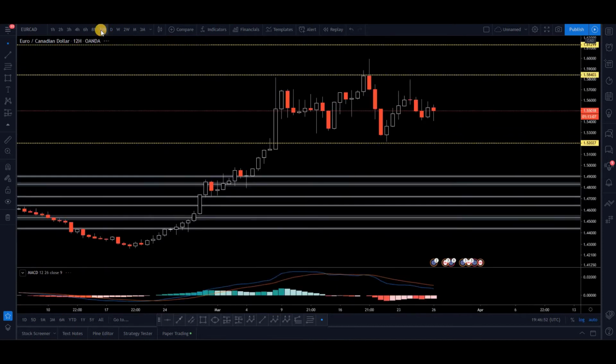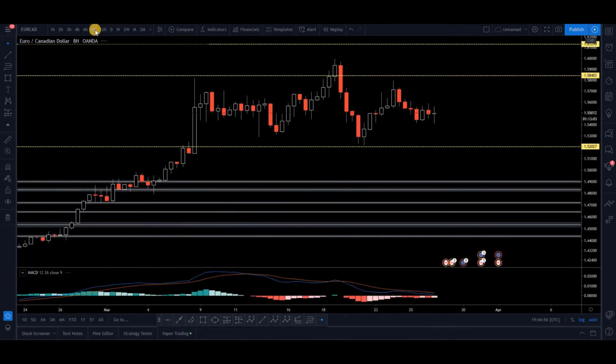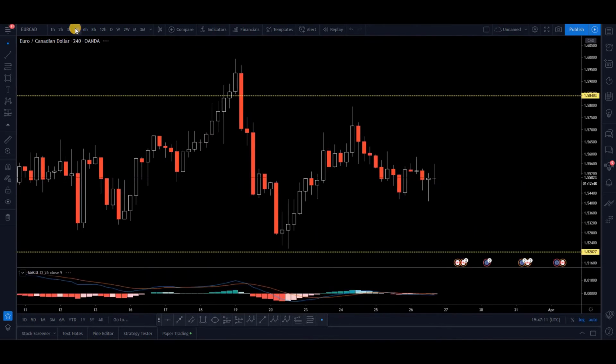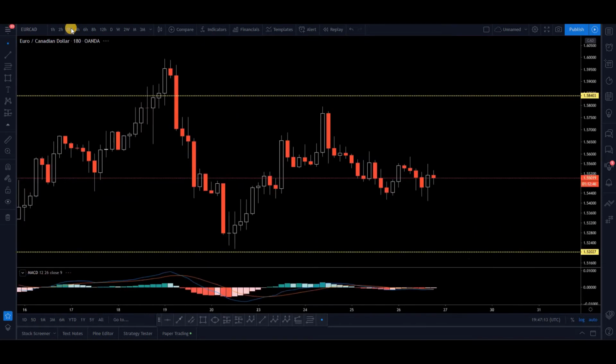So as I go down the time frames, looking for a pattern that I recognise, I notice that price has sold off fairly sharply, and then we've had a rebound, and then what I deem to be a correction.